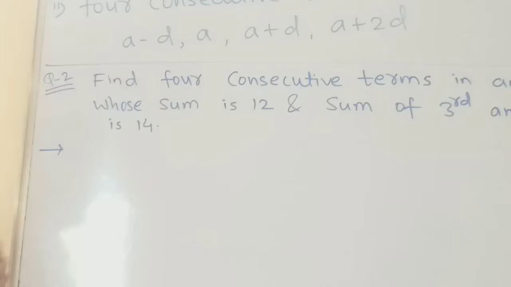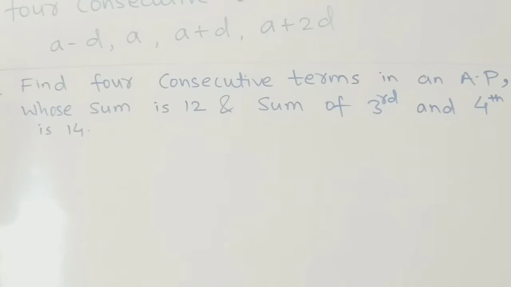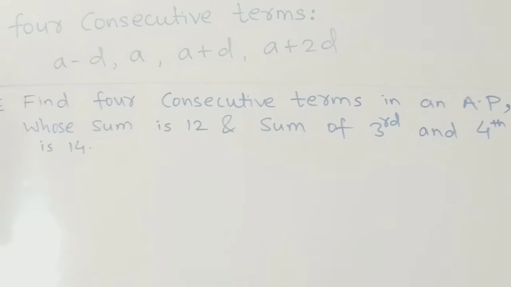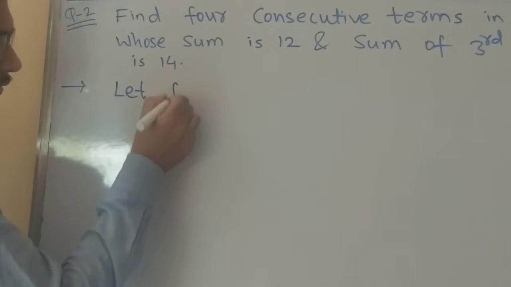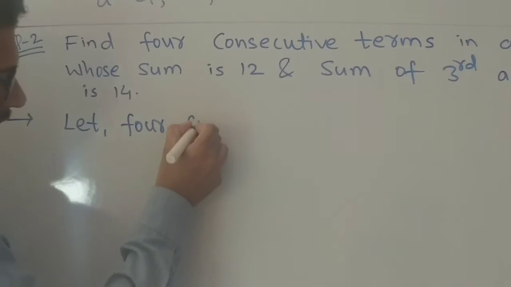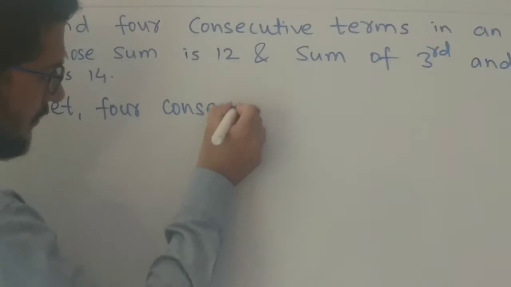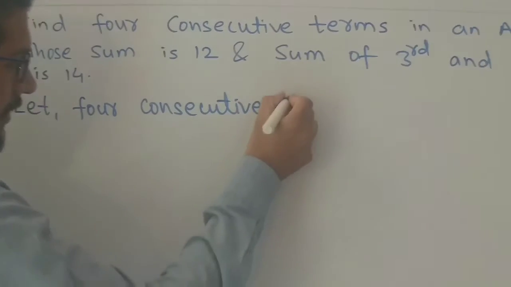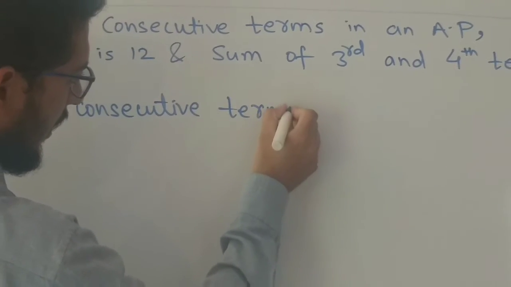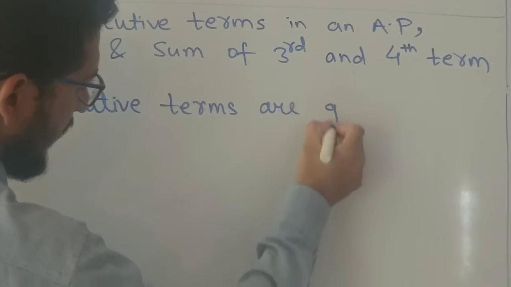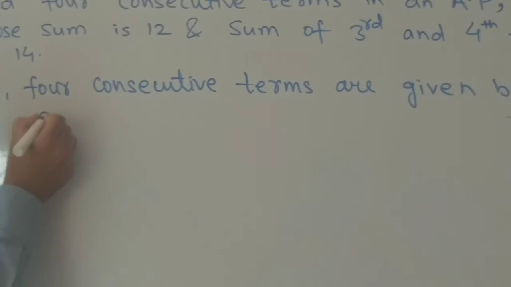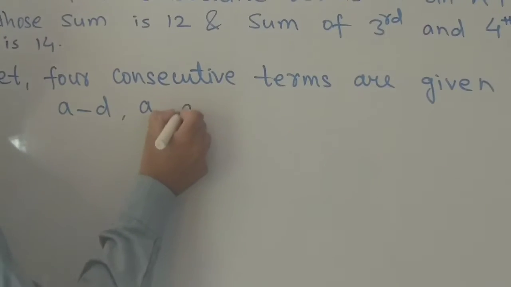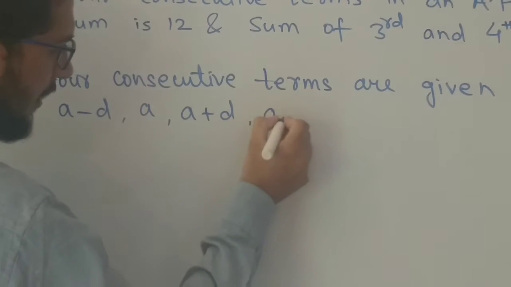So before finding the 4 consecutive terms, we need to find a and d. So how will you find? Let's see. First we'll consider that the 4 consecutive terms are given by a minus d, a plus d, a plus 2d.